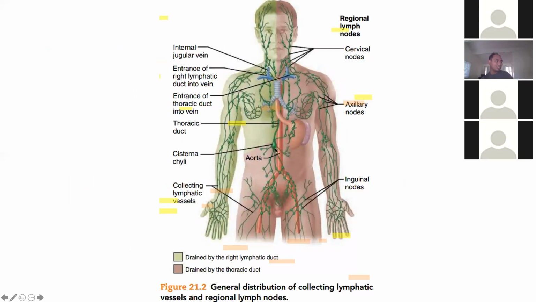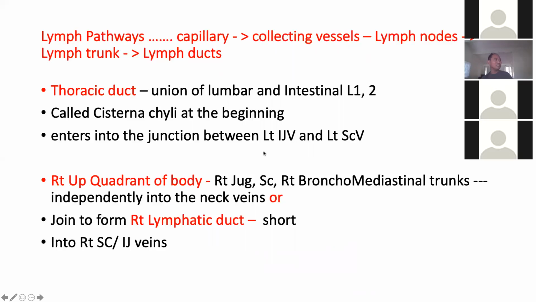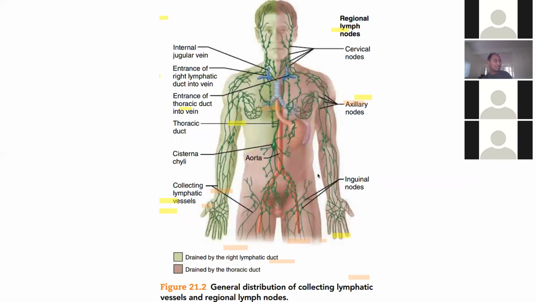That little bulge is called cisterna chyli, the beginning of the thoracic duct. It becomes a little pool, and from the cisterna chyli, they will continue as the thoracic duct.